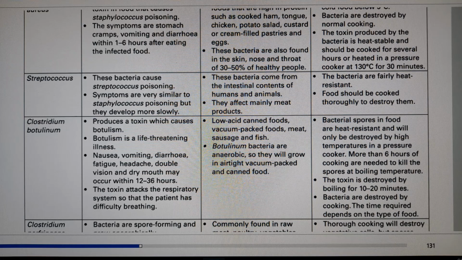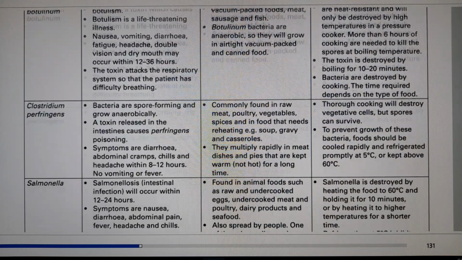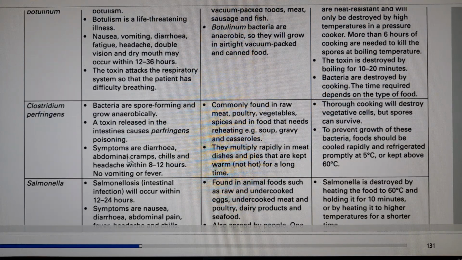This one is abdominal cramps, chills, and headache within 8 to 12 hours, but there is no vomiting and fever on this one. They are commonly found in raw meat, poultry, vegetables, spices, and in food that needs reheating.